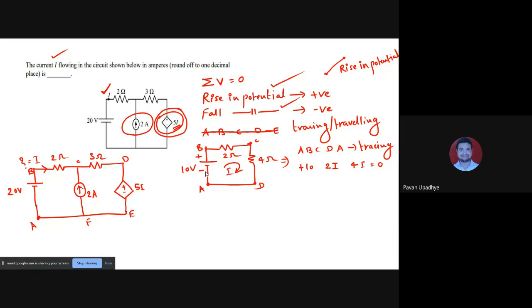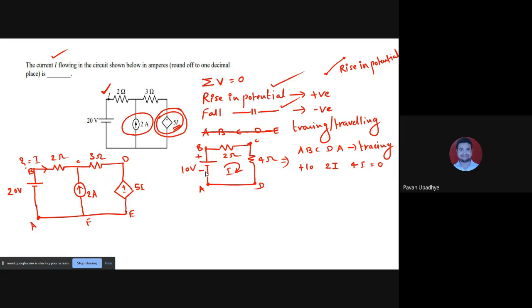The battery tells you whether you are moving from the lower side to the higher side of potential or from the higher side to the lower side. But resistors don't have any such information.